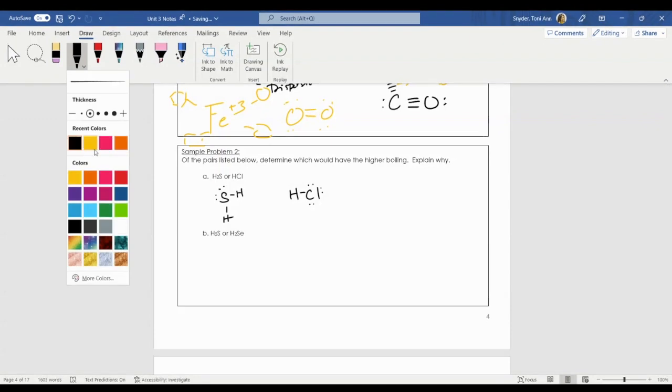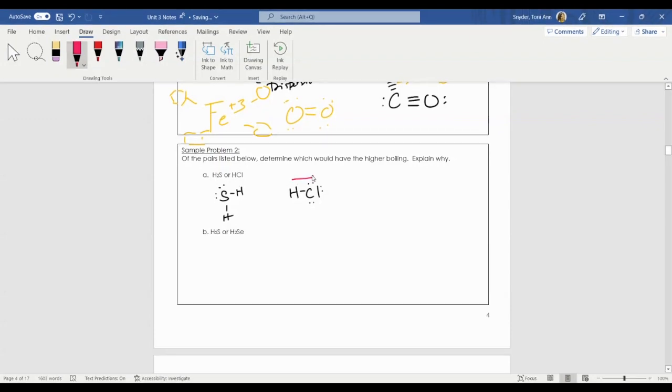So if I were to draw my dipole moment here, chlorine is quite a bit more electronegative than hydrogen. So in this case, my pull would be going more towards chlorine. For hydrogen sulfide, sulfur is a bit more electronegative than hydrogen, but I have two bonds to consider. I have a bond going up, but I also have a bond going across this way.